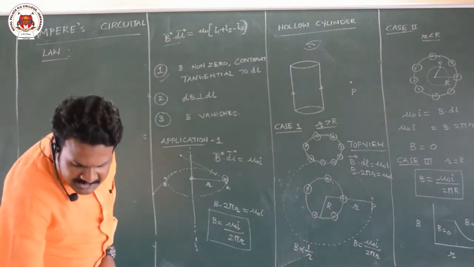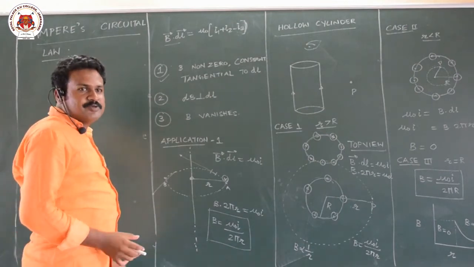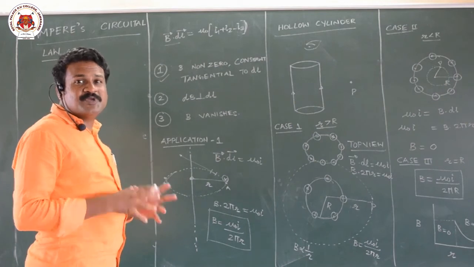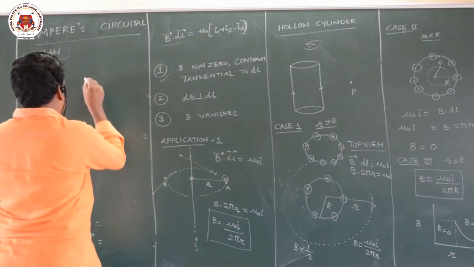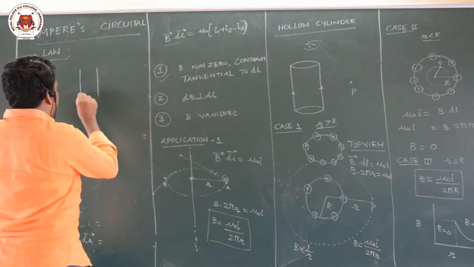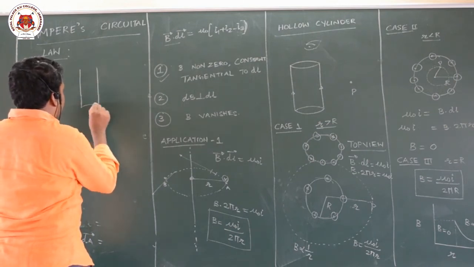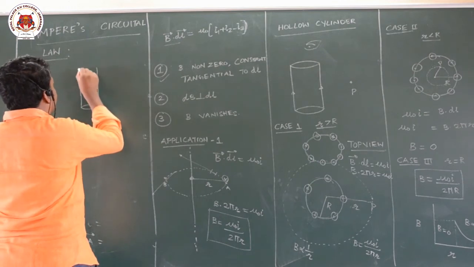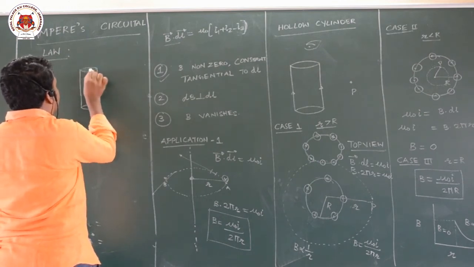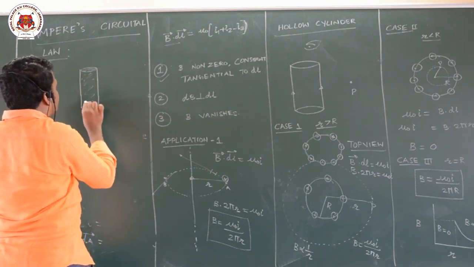Solid cylinder means inside also it contains matter, so current will be present throughout the cylinder, just like a solid sphere. So we will take a uniform solid cylinder in which current is distributed uniformly. This is solid throughout.